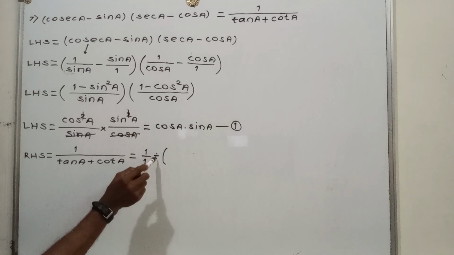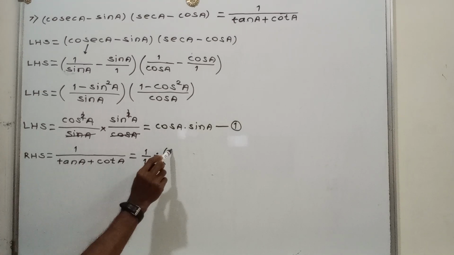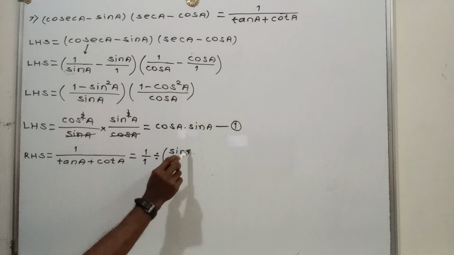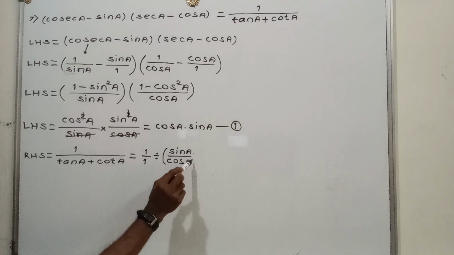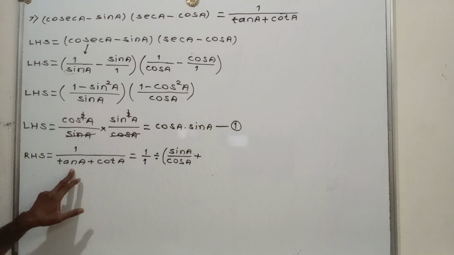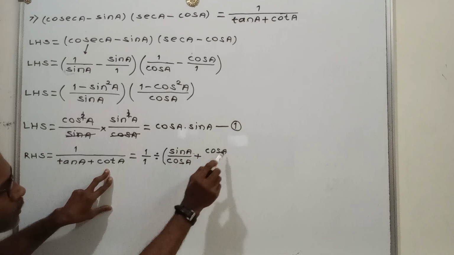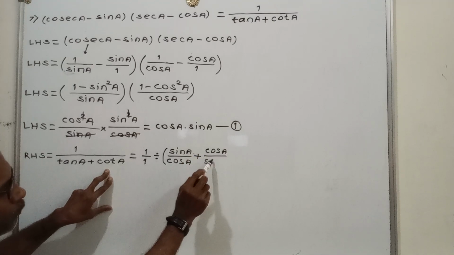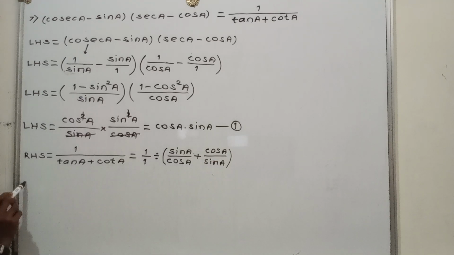We write it this way by using the sign of division. Tan A means sin A upon cos A, plus formula for cot, cos A upon sin A.